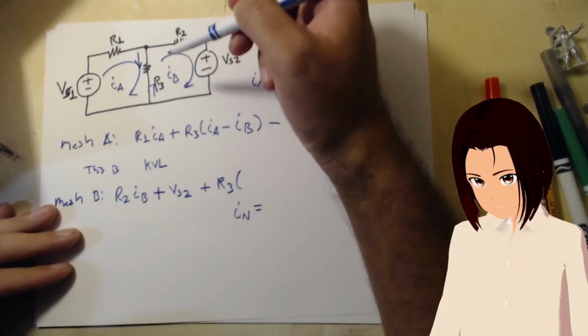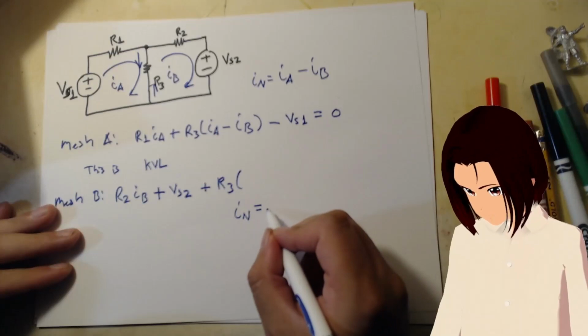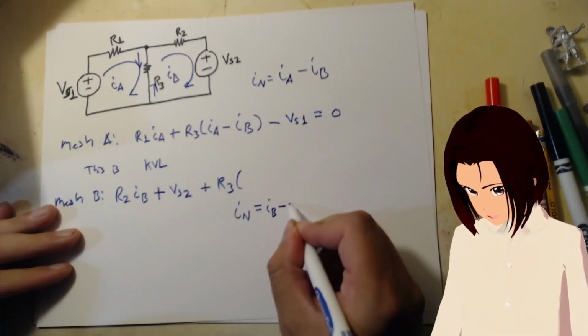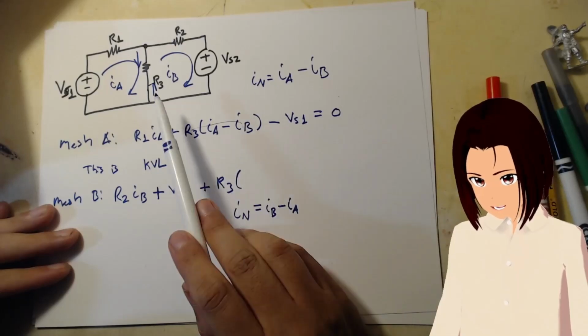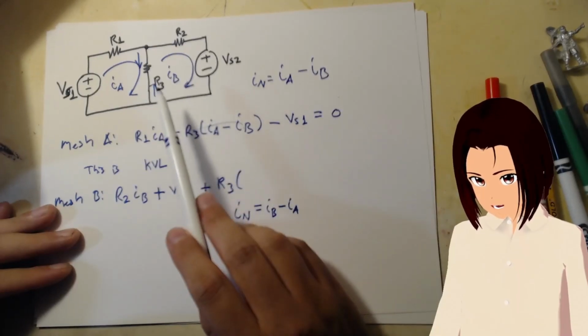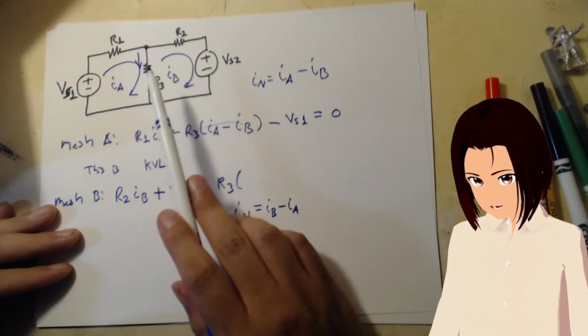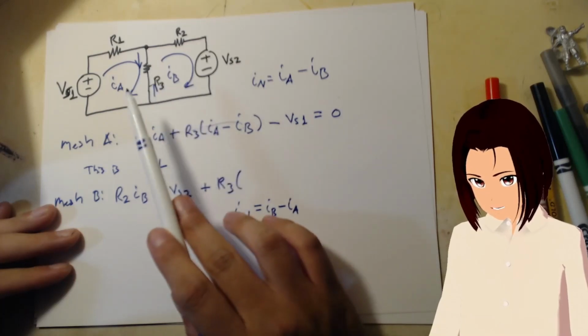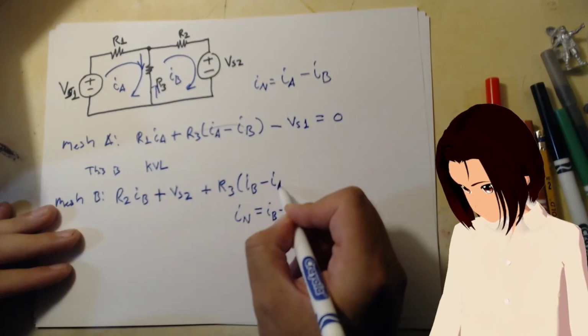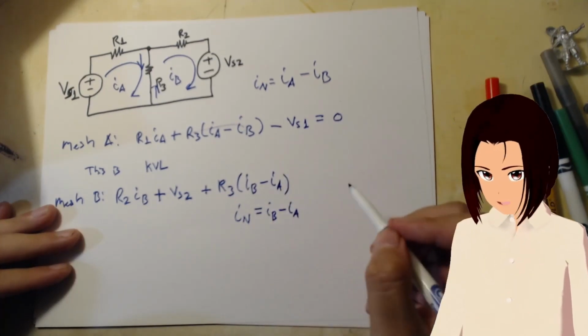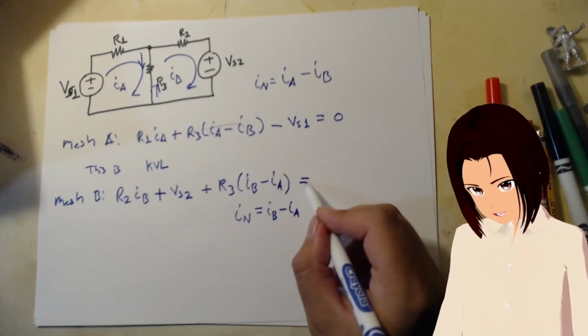So what this means is IB minus IA, because for the second IN we're imagining the current is going through the resistor upwards, and it agrees with B, but it disagrees with A. So we write IB minus IA, and that is equal to 0.